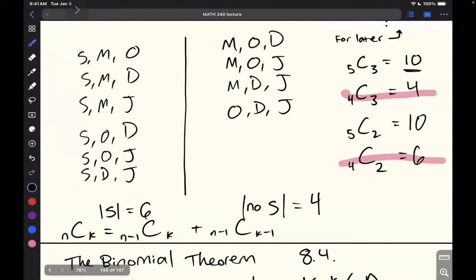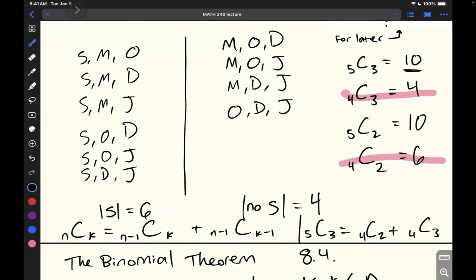And we see this where we have 5 choose 3 is equal to the number of combinations with me in it, which is 4 choose 2 plus 4 choose 3. Right? So these numbers match up.